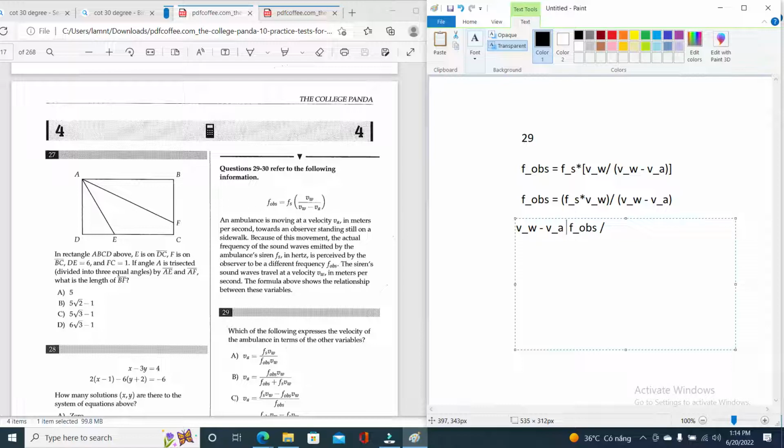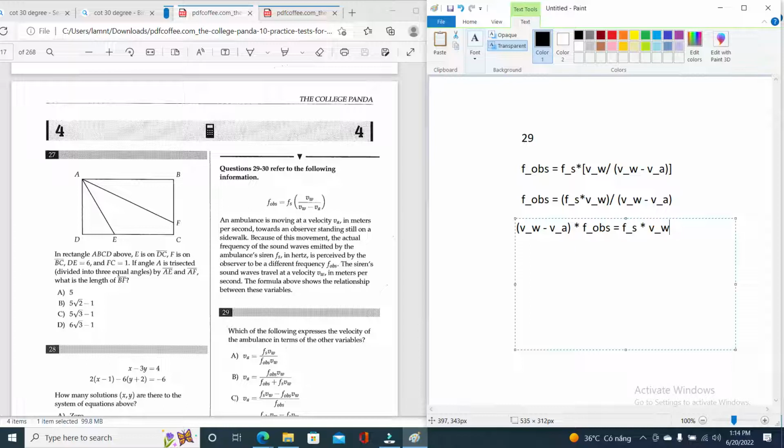If we multiply VW minus VA with F observed, we're going to get FS times VW, like that.